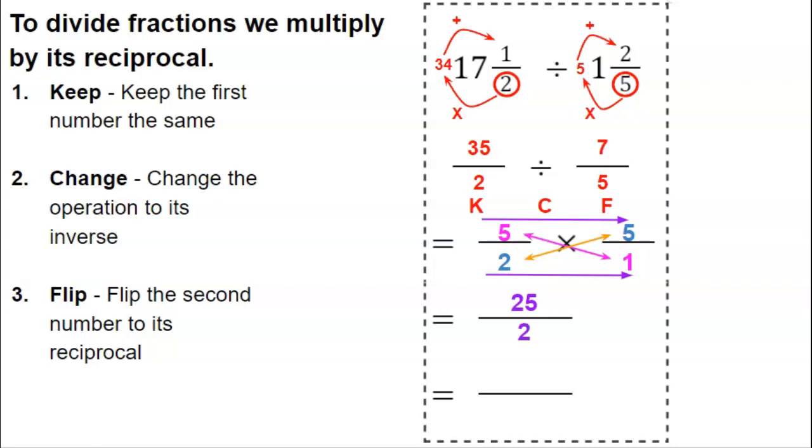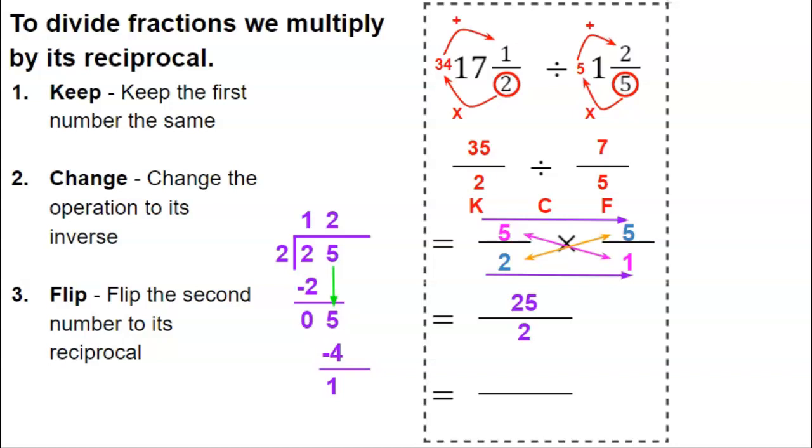We have an improper fraction, 25 over 2. But we did not start with an improper fraction, we started with mixed numbers, so we need to divide. 25 divided by 2. When we do this, 2 goes into 2 once, and then 2 goes into 5 twice, leaving us with 1 left over.